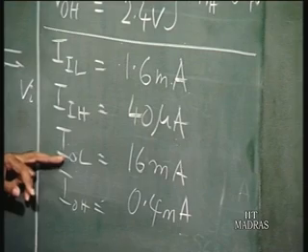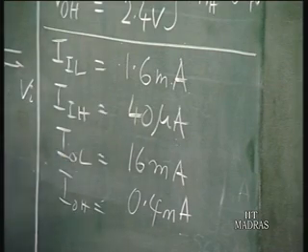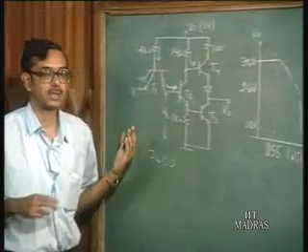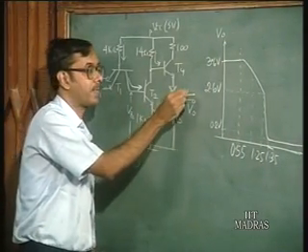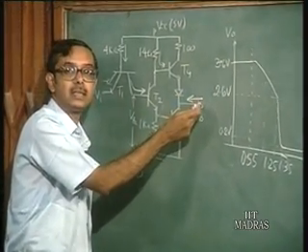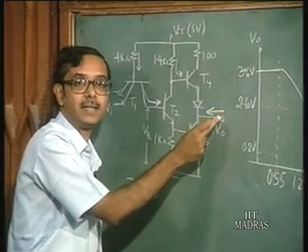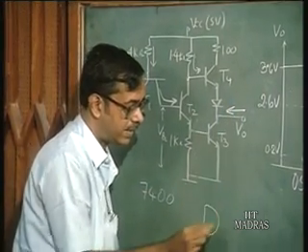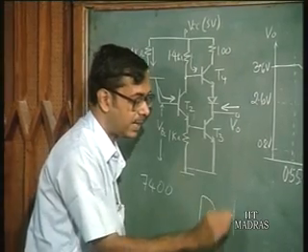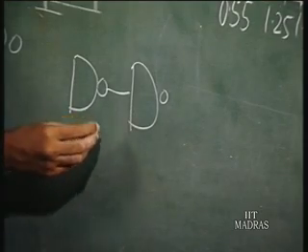What is going to happen is, if you sink too much current, if you look again, I go back to this circuit here. Basically, if you connect another gate here, say this NAND gate is connected to another NAND gate here.